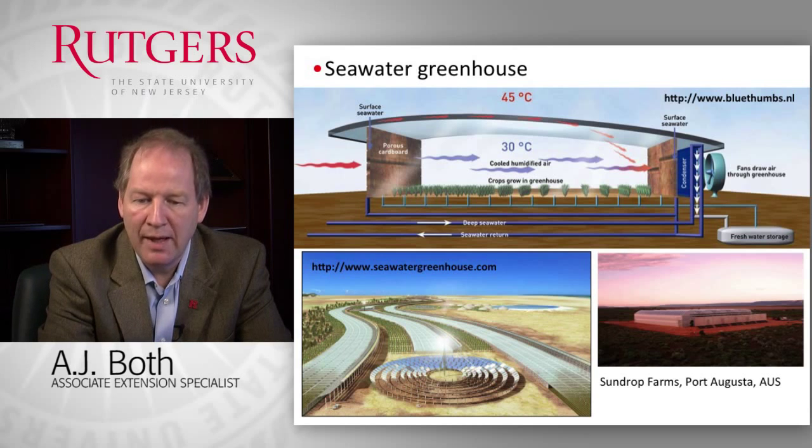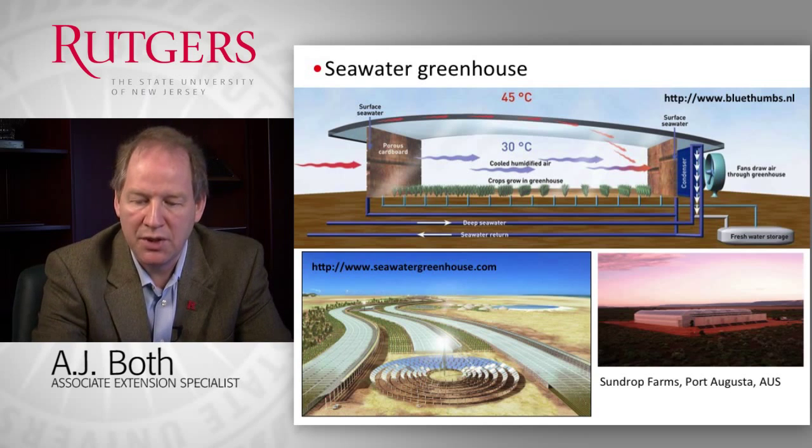On the lower right hand side you see an example of a trial installation in Australia. I think there's also a few installations already in Middle Eastern countries using this concept.